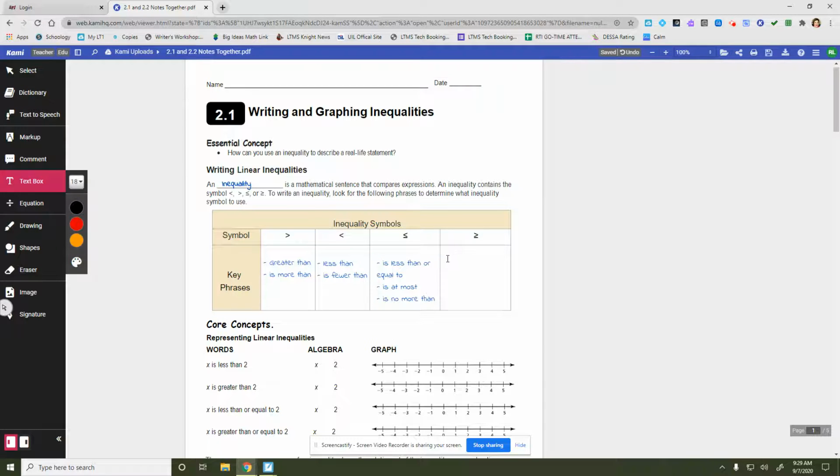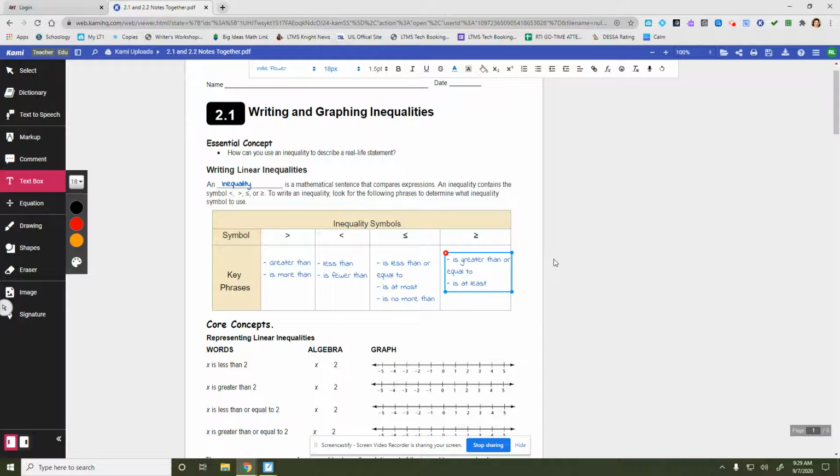All right, very similar here on the greater than or equal to. We might have a really obvious is greater than or equal to. But we also might have something that says is at least. So you've got to be careful with this one again.